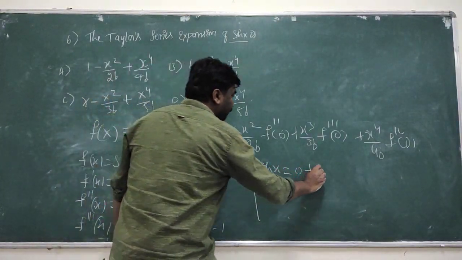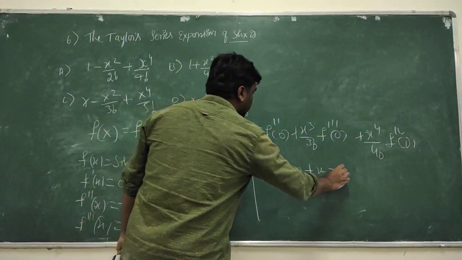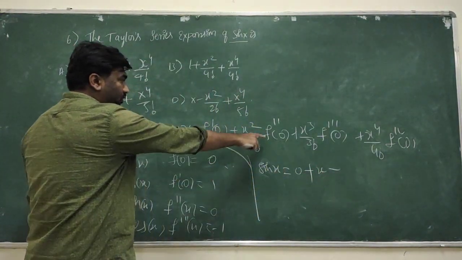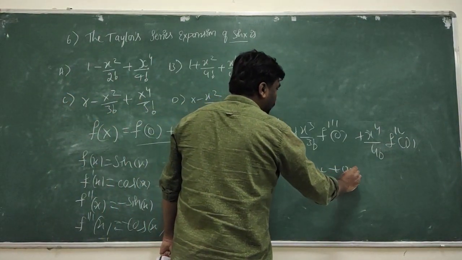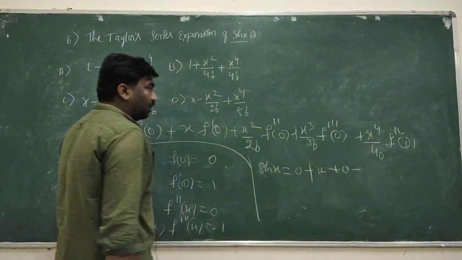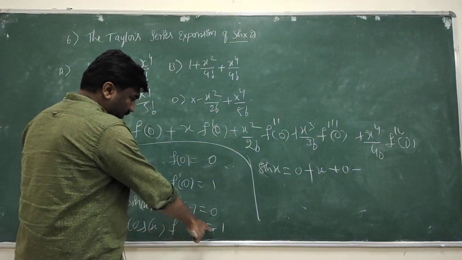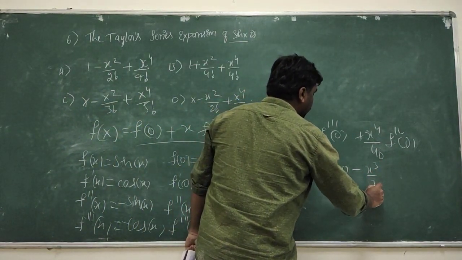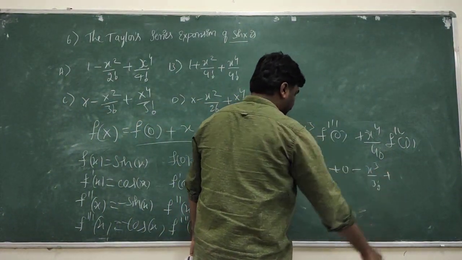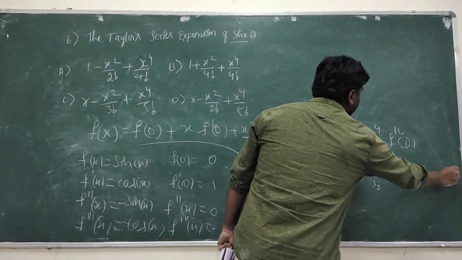x into f prime naught, which is 1. So x, and x square by 2 factorial into f double prime, which is 0, and x cube by 3 factorial into f triple prime, which is minus 1. So x cube by 3 factorial, and if you solve this we will get plus x power 5 by 5 factorial and so on.